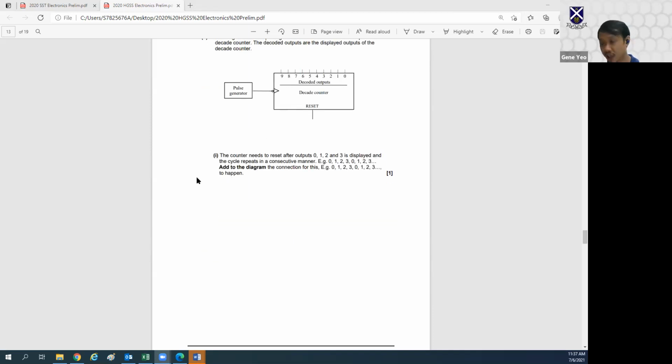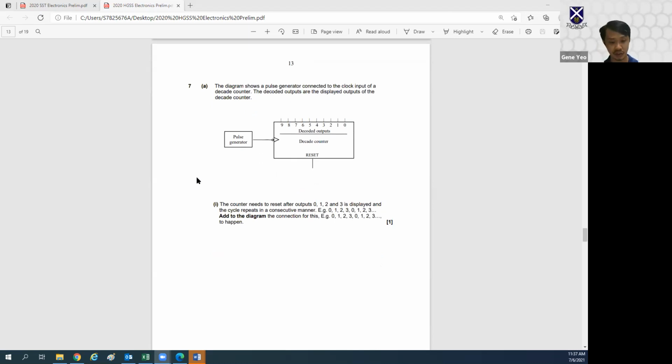Does anyone need me to go through question 7? Can you just show by show of hands if you need me to go through question 7? Shreyans wants me to go through question 7, sure.